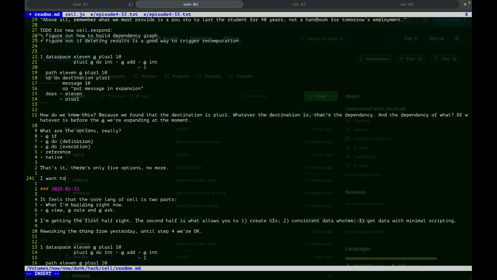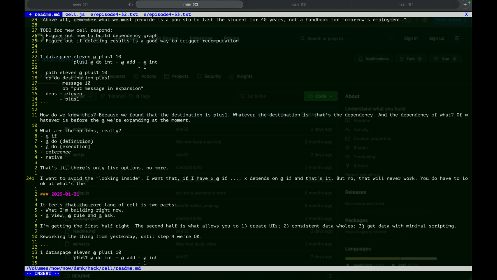I want to avoid looking inside. I want that if I have x at if, x depends on, and that's it. But no, that will never work. You do have to look at what's there.